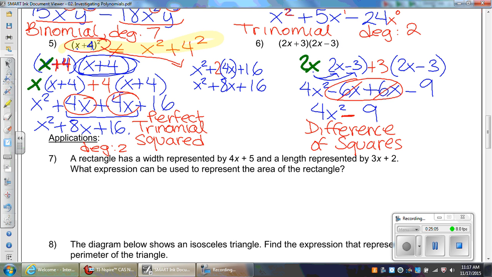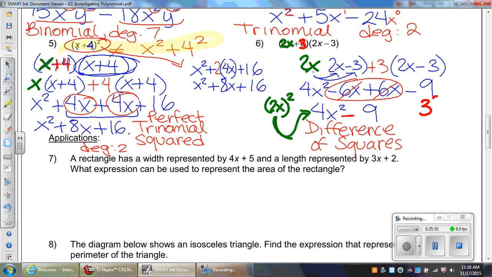So we take the first term, which is 2x, and we square it. And so if we square it, we get 4x squared. Now we take the number 3. It doesn't matter if you take positive 3 or negative 3, you're still going to get the same.